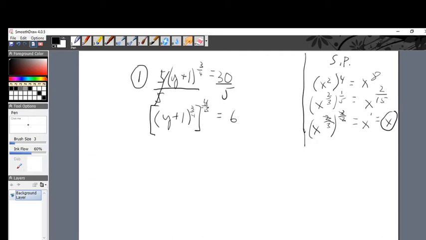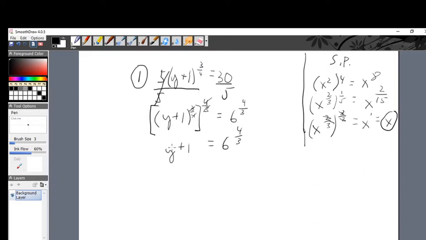They're going to cancel, and we'll be able to whittle down to y. Whatever you do to the left, you must do to the right, so I have to take 6 to the 4/3 power. The 3/4 times 4/3 cancel each other out, and what's left on the left-hand side is y plus 1 by itself, equals 6 to the 4/3.